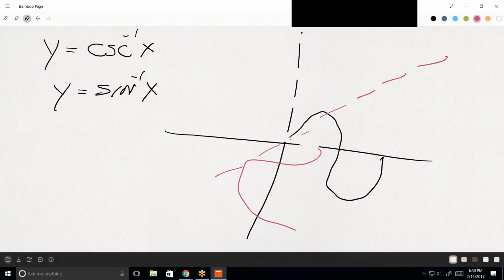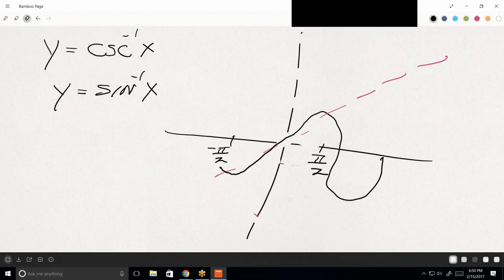Okay, right. And what they restrict it to, for the sine curve, is from minus pi over 2. Hold on. In other words, if I want to find the inverse of the sine curve, I restrict the domain from minus pi over 2 to pi over 2, and I erase everything else.